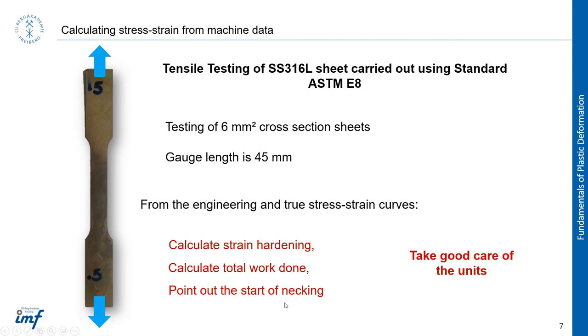I think it is hard to point out the start of necking using this data set, but the other two can be done quite easily. So it is important that we do this as well.